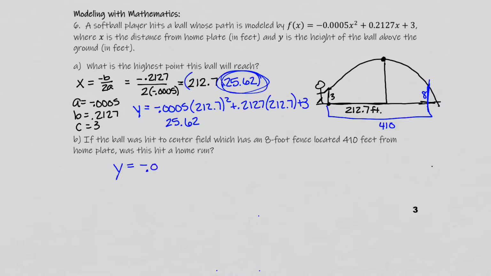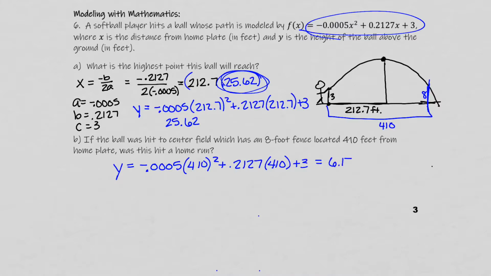So I'm just going to plug that in. Everywhere in my original equation that I had an x, I plugged in 410. You just punch all that in your calculator, and I get 6.157.